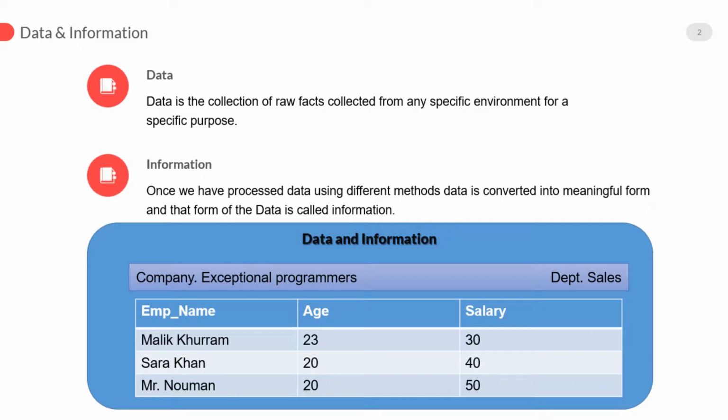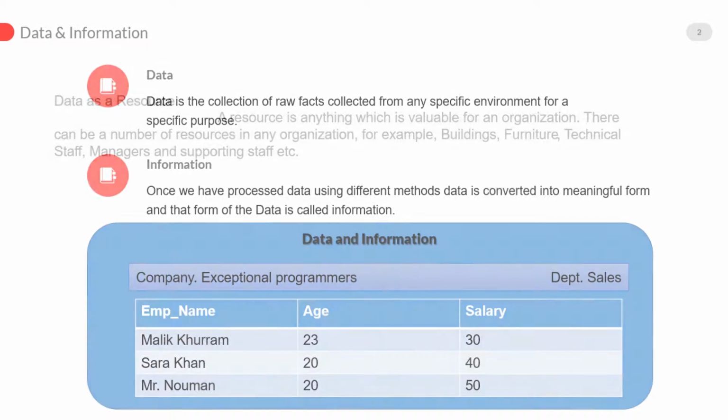This meaningfulness is further increased when we associate other labels like the company name and department name. So my dear students, this is a very simple example of processing that we can do on the data to make it information.